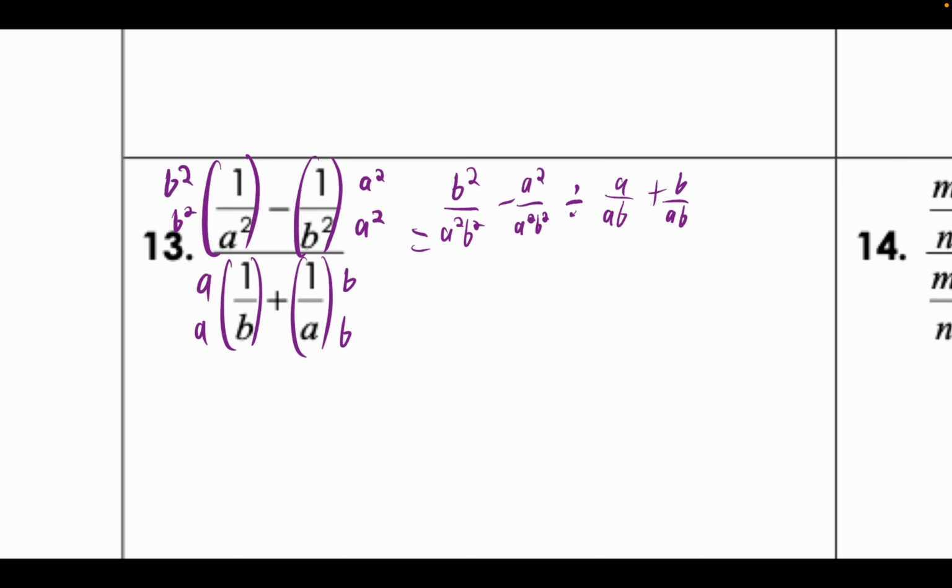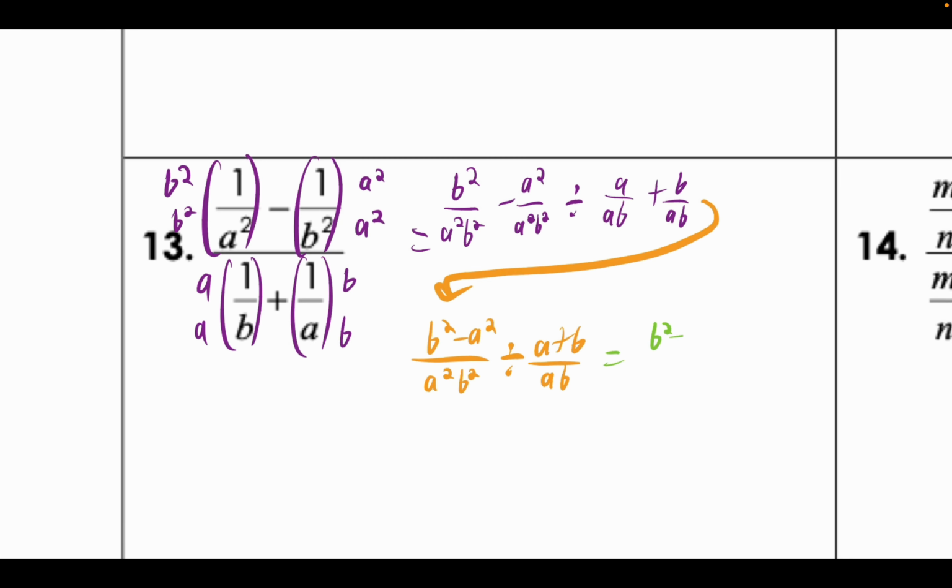So I'm going to go ahead and combine fractions and get B squared minus A squared over A squared B squared divided by A plus B over AB. Now let's multiply by the reciprocal as we get B squared minus A squared over A squared B squared, staying unchanged, and the second fraction reciprocating or flipping, getting AB over A plus B.